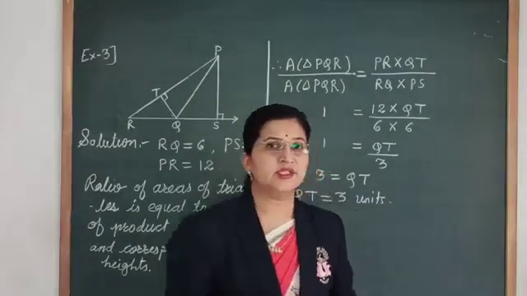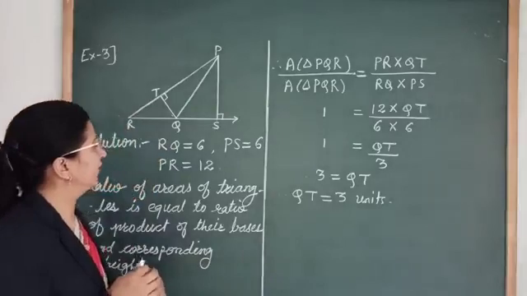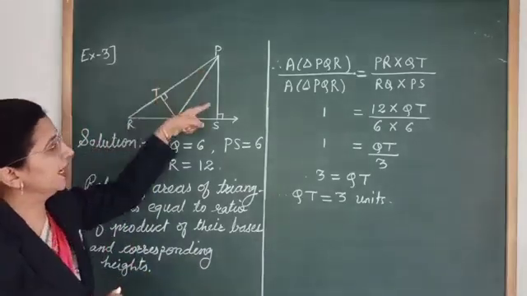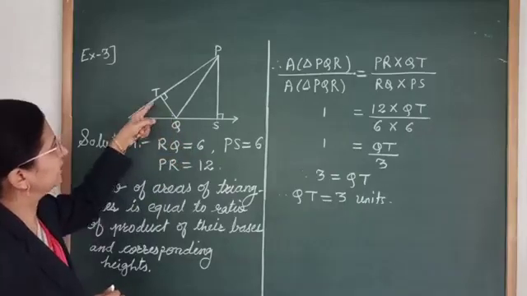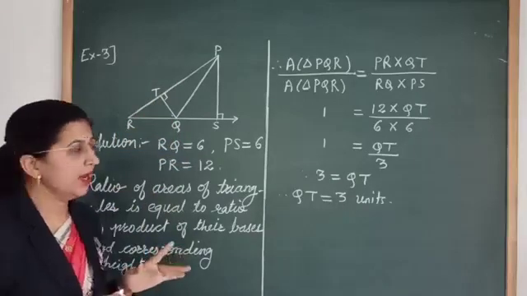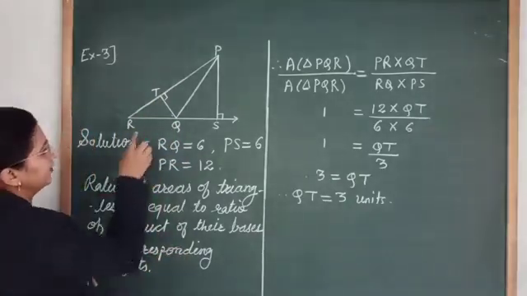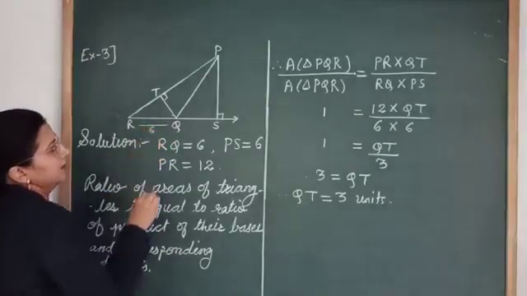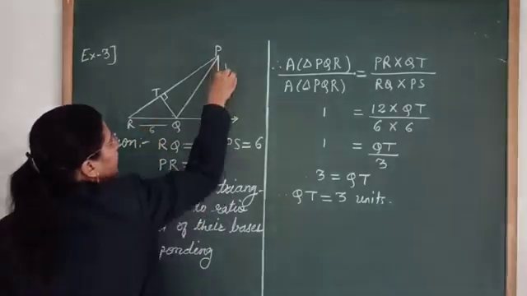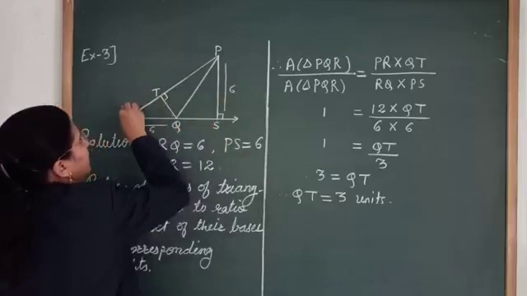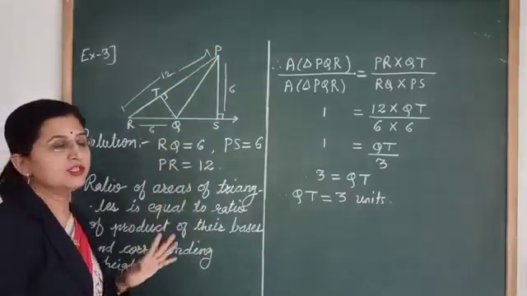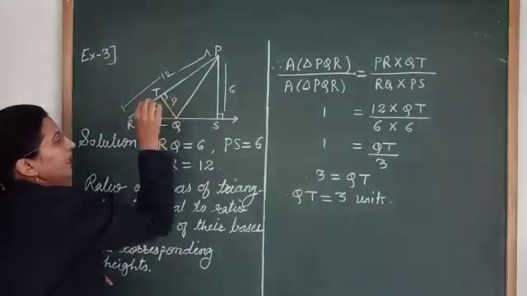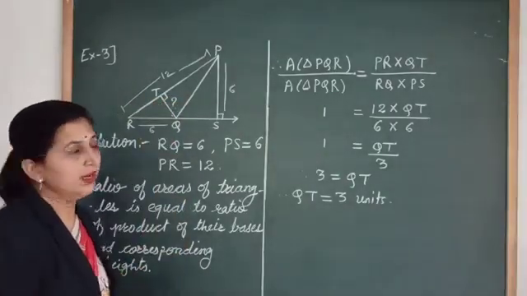Dear students, in this question, we are given a figure in which PS is perpendicular to RQ, QT is perpendicular to PR, okay, and the length of RQ is given 6, PS is also 6, and PR is given 12, okay. Then we have to find the length of QT, okay.